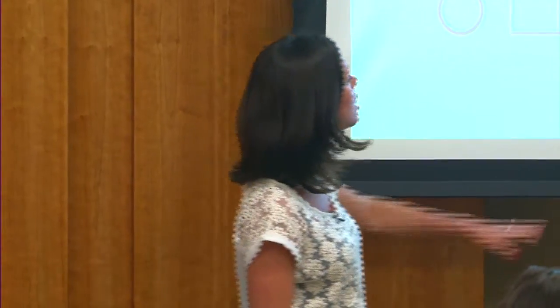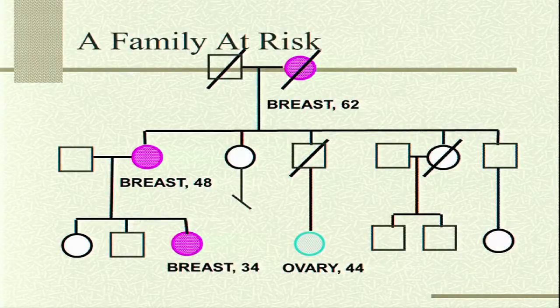What you can see here is that this woman has a mother, these two individuals here, so the lines going up indicate parents. A line that connects two individuals indicates that those individuals are spouses of each other, or they have children together. This woman's mother also had a breast cancer at the age of 48, which is relatively young, right?